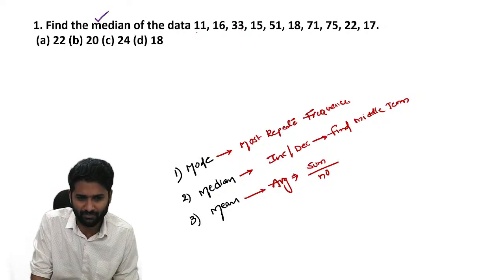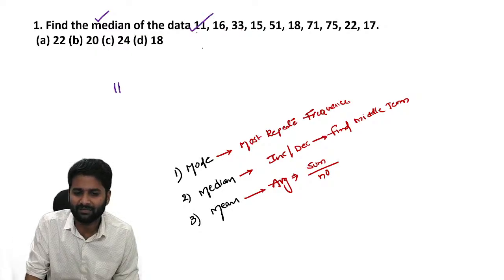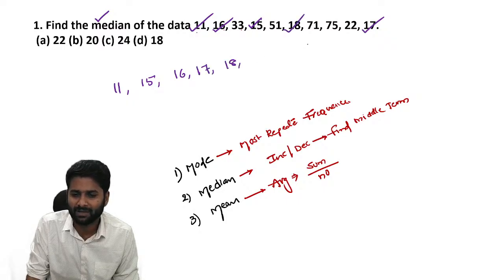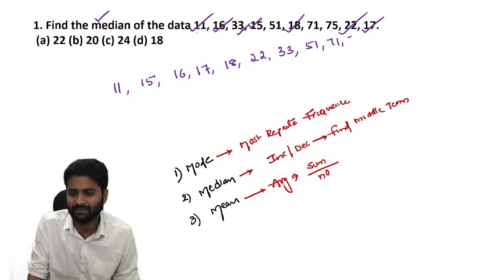Now here the question, find the median. So first we'll arrange in increasing order: 11, after 11 you can take 15, next 16, next 17, next 18, after 18 you can see 22, next 33, next 51, 71, 75.